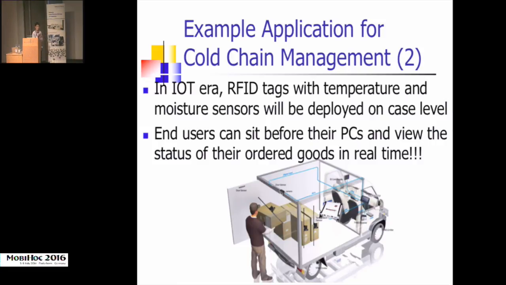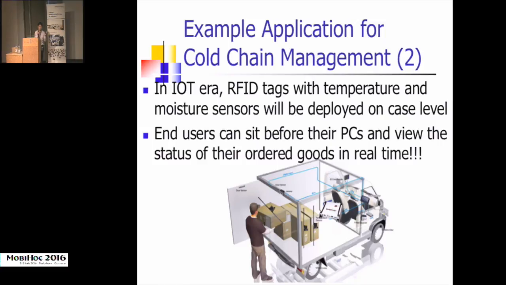Nowadays, our lab is even collaborating with a company in Wuxi, a city in China. They have found a way to recycle these tags, to recycle the boxes after product delivery.